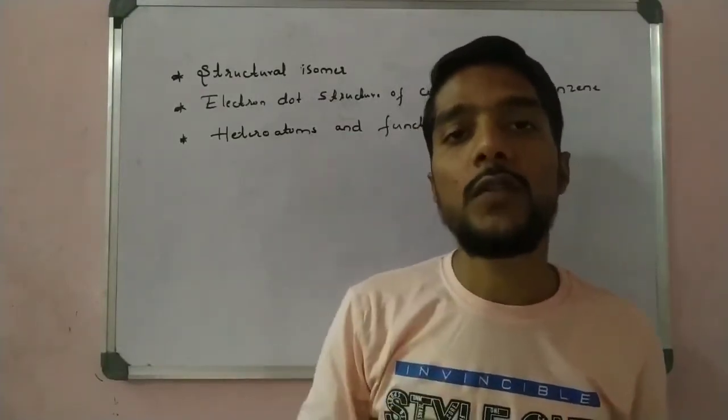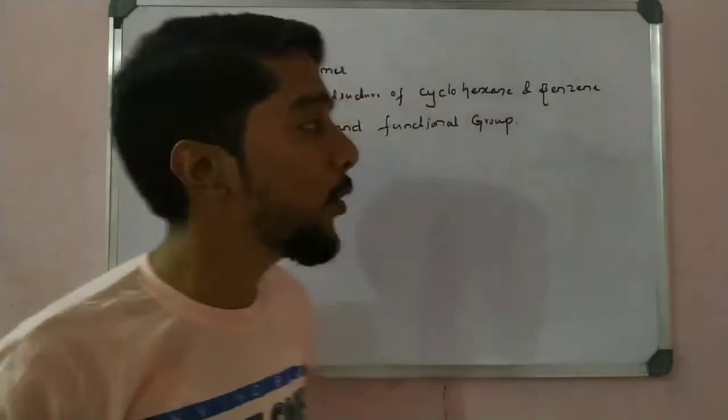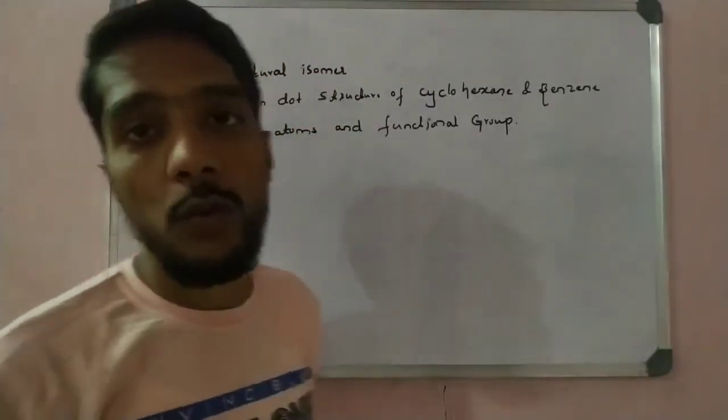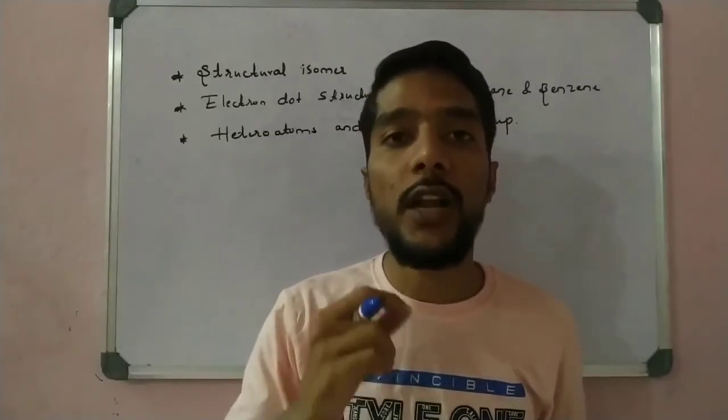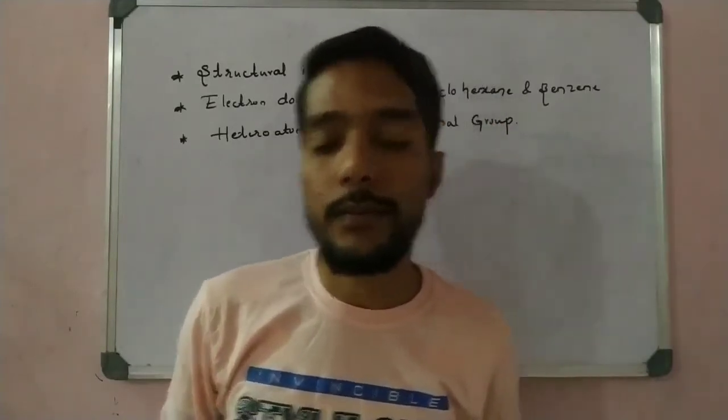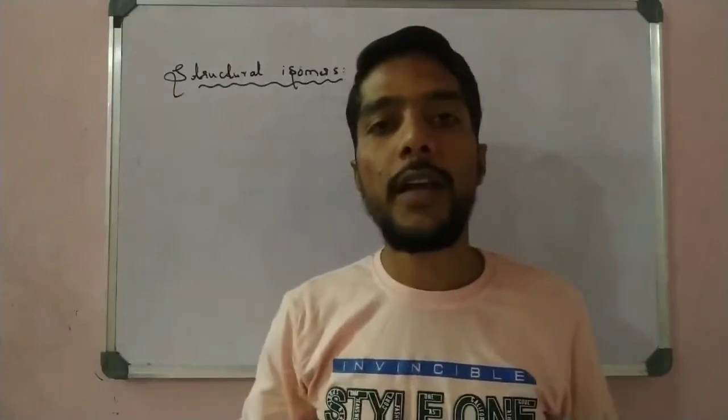So without wasting time, let us start the first concept, the structural isomers. Take your notebook and pencil and write the definition of the structural isomer with an example. Now let's take the definition.